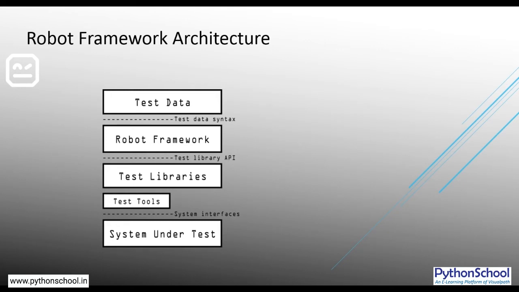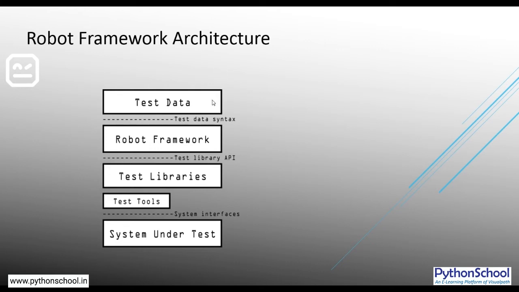So let's check on this high level architecture of Robo framework. In this figure you see that it receives the test data as an input. This is the test data.